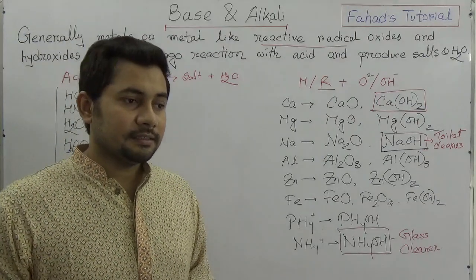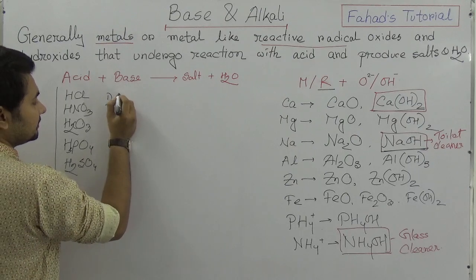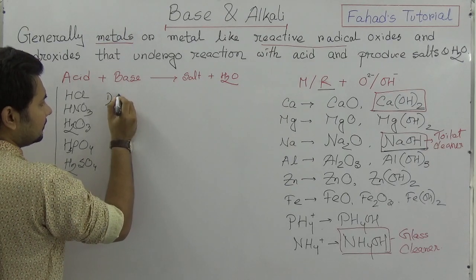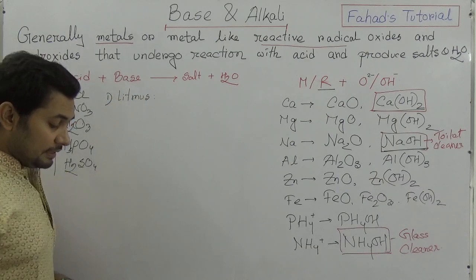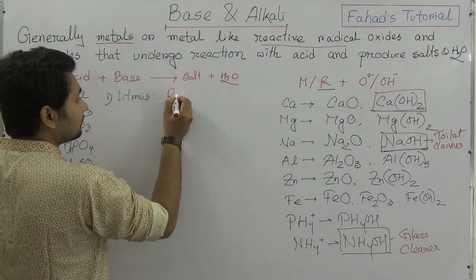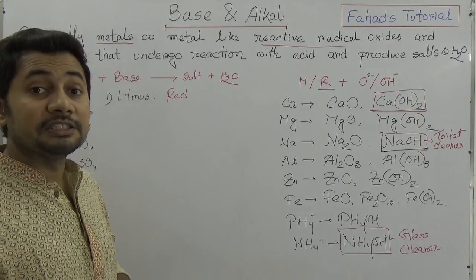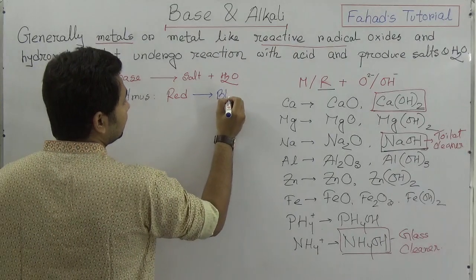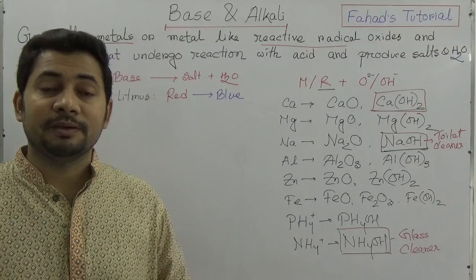Number one, the property of base is the litmus test. In the case of the litmus test, red litmus paper will turn blue when some basic solution is added.